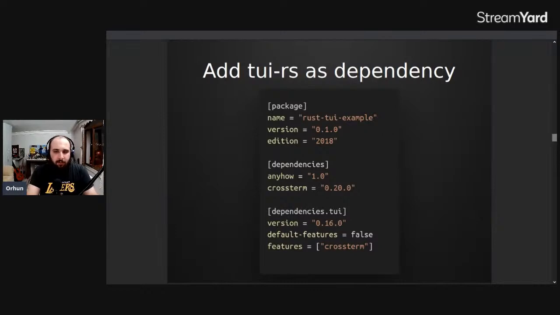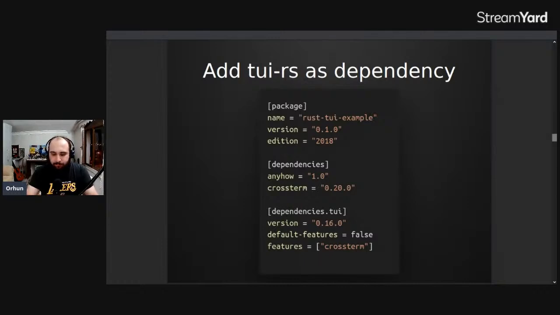Then we will have crossterm because we will need to use some types from the crossterm library itself, apart from the TUI crate. Then we will have the TUI crate specified here. We will have to disable the default features and enable the crossterm feature, because I'll use crossterm for this example, and if you don't disable the default features, you will use Termion as the default backend.